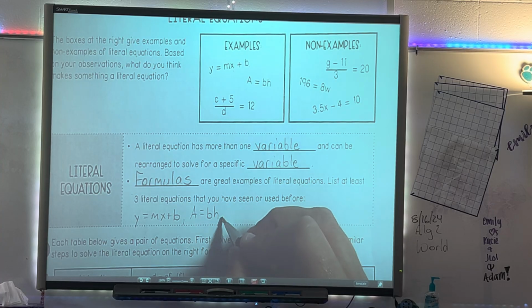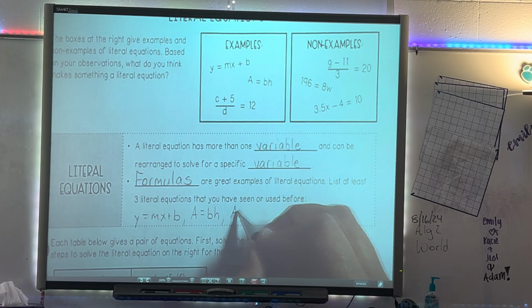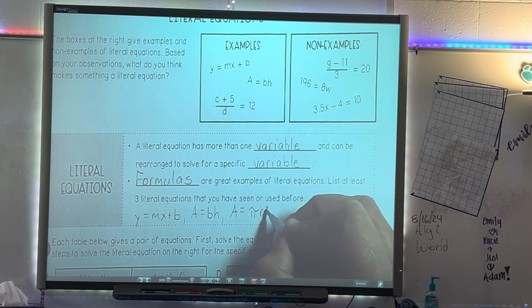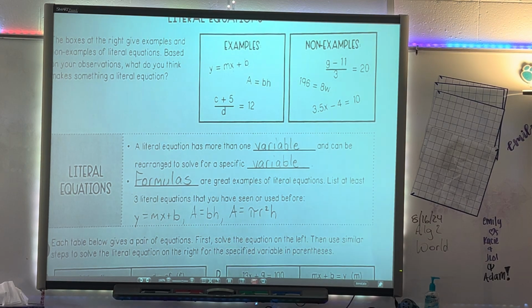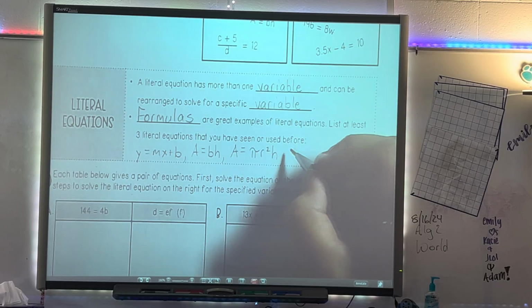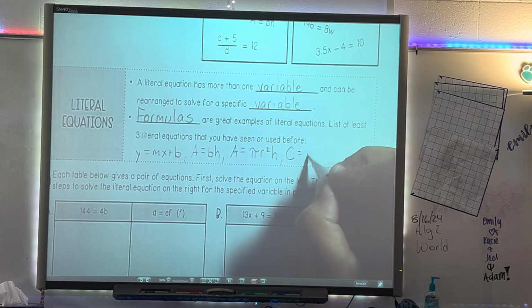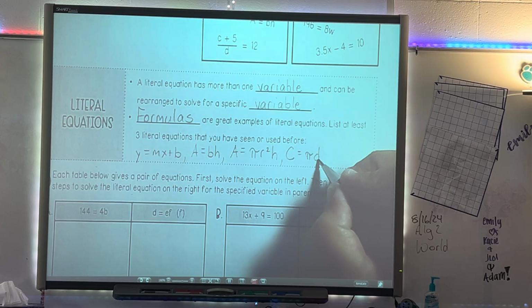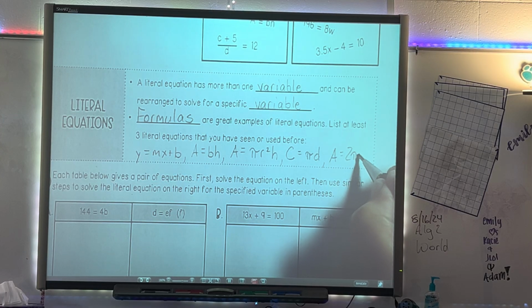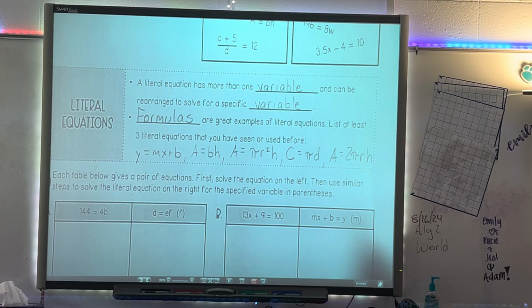You should have seen last year, A is equal to pi r squared h. You should have seen that one. You also would have seen C is equal to pi d. And you should have seen A is equal to 2 pi r h. All of those are examples of literal equations.